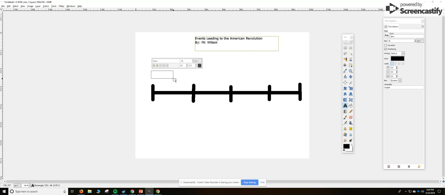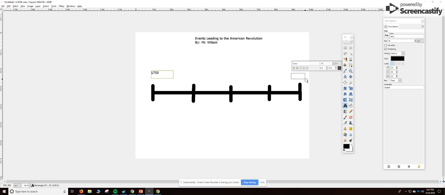So first thing we're going to write is the first year that's on our timeline. Our timeline is going to start in 1755. The reason we picked that year is because it's a year before the French and Indian War. We're going to talk about that later, but really about 20 years or so before the Declaration of Independence is when things are starting to bubble in the pot, getting the American Revolution started.